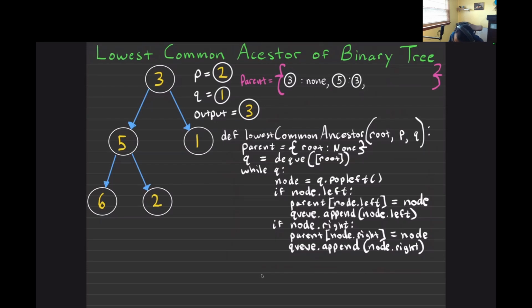Then we'll have 1 with 3 as its value as well, because that's its ancestor. Then we'll have 6, which points to 5 as its ancestor. And finally we'll have 2 that also points to 5. So this hash map represents this logic.